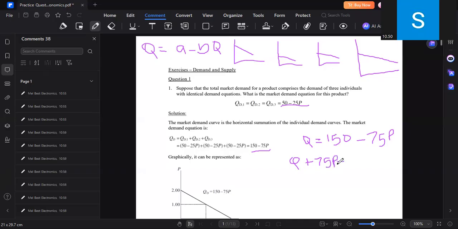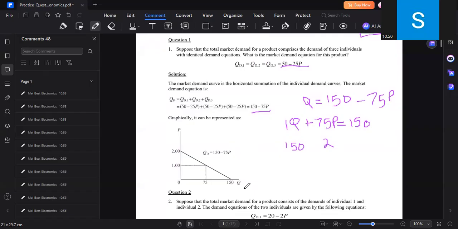So what number is there? There's an invisible one there. So 1 into 150 is 150. And 75 into 150 is 2. So it cuts the p-axis at 2 and the q-axis at what? 150.